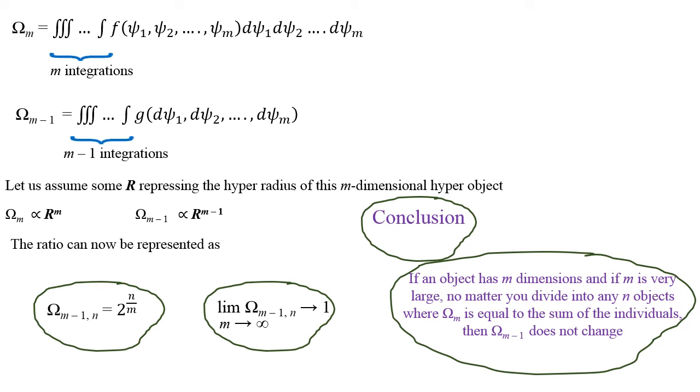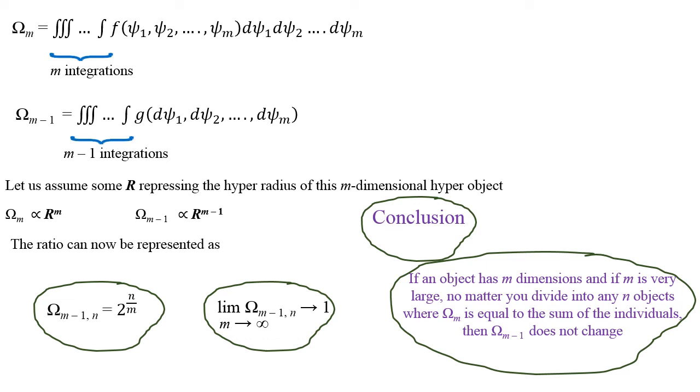For example, if you have got an object which has m dimensions and you divide it into n smaller objects, then the ratio of the omega m minus 1 at n is equal to 2 to power n divided by m. But there is a very interesting result.